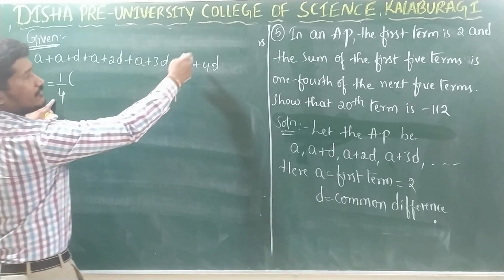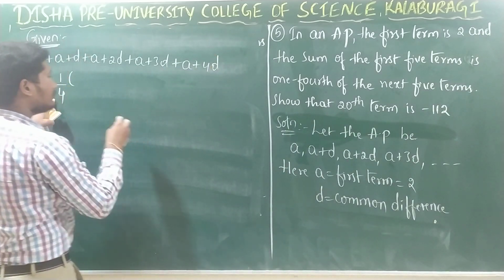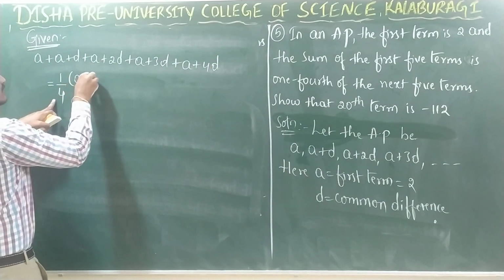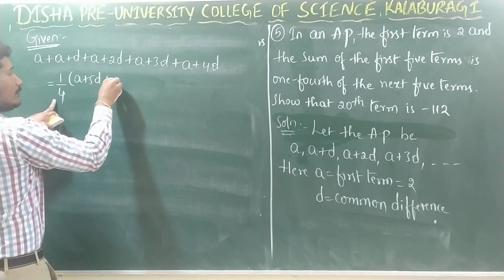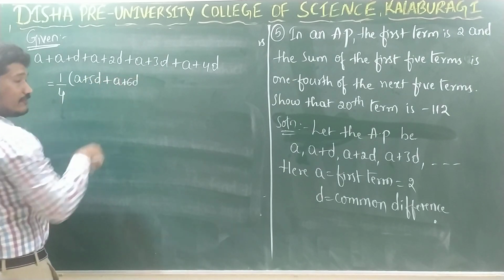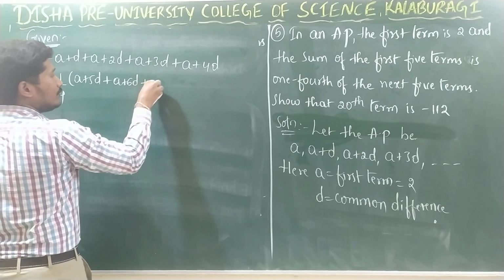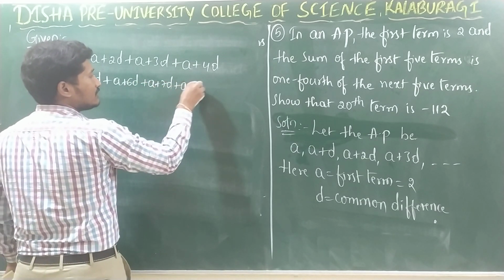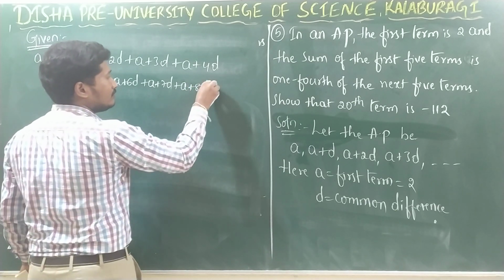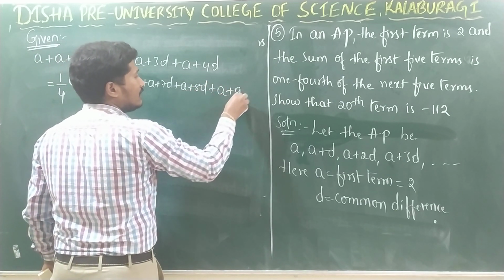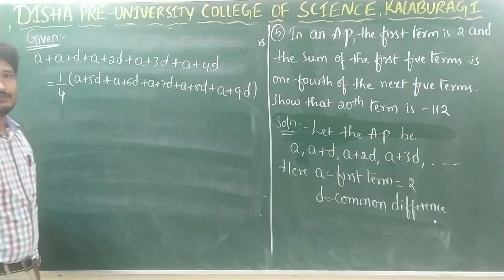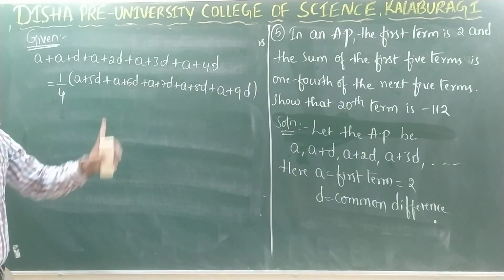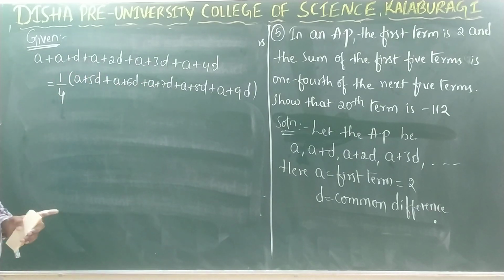What are the next 5 terms? a plus 5d, that is the 6th term, plus a plus 6d, the 7th term, a plus 7d, the 8th term, a plus 8d, the 9th term, a plus 9d, the 10th term. So the next 5 terms are these. This is the condition given.